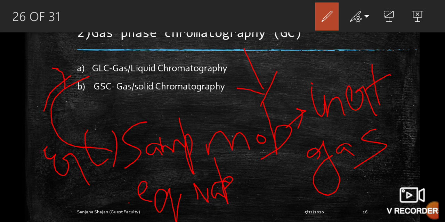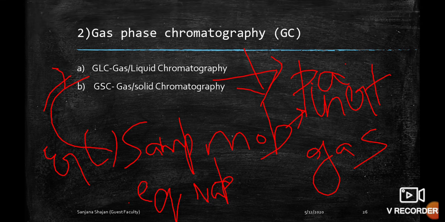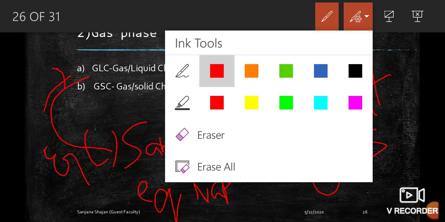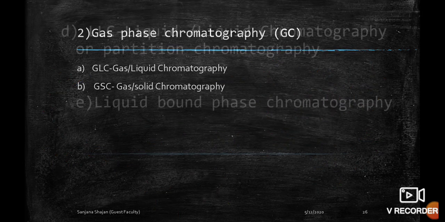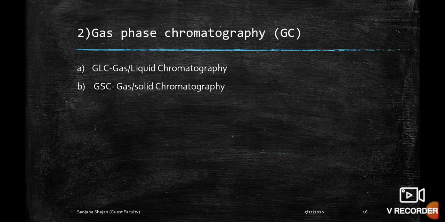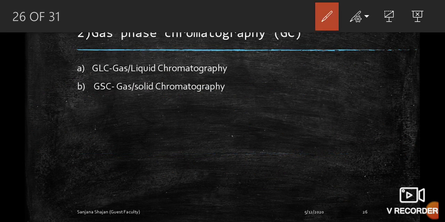Here the separation parameter used is the partition coefficient K. The partition coefficient is the main parameter.